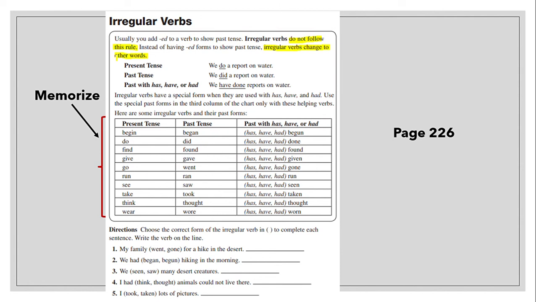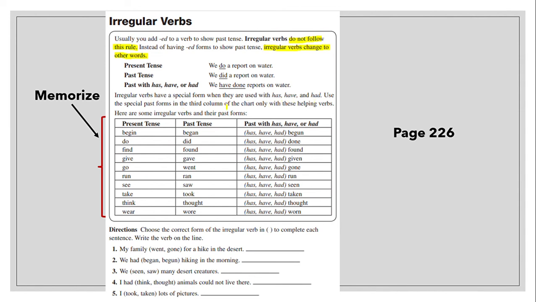There are changes to the verb, like we do a report on water. I gave you this example. We did a report on water. We have done reports on water. Irregular verbs have a special form when they are used with has, have, and had.